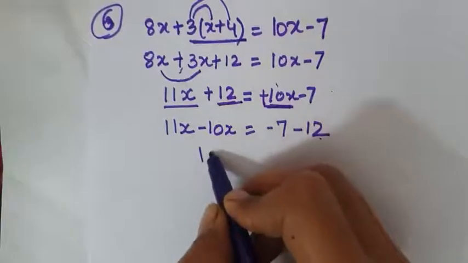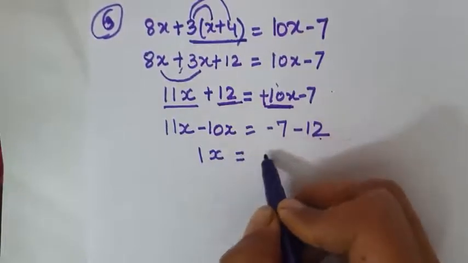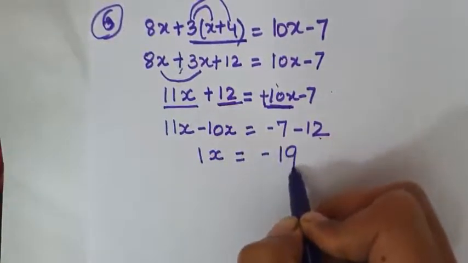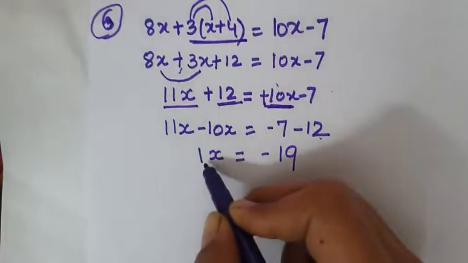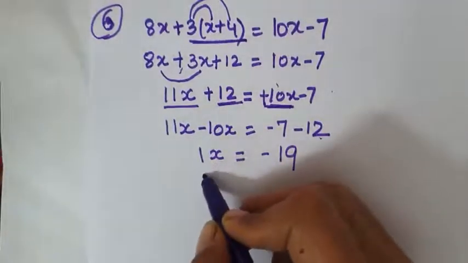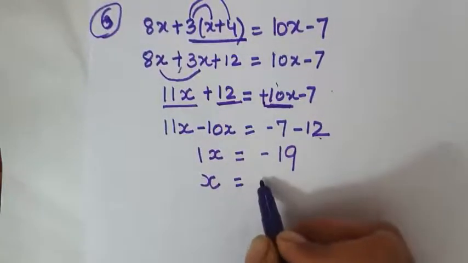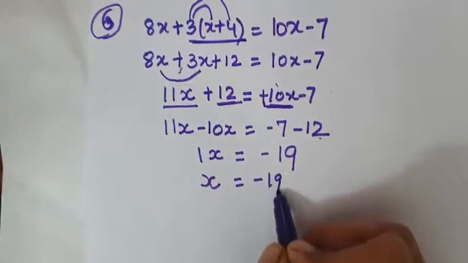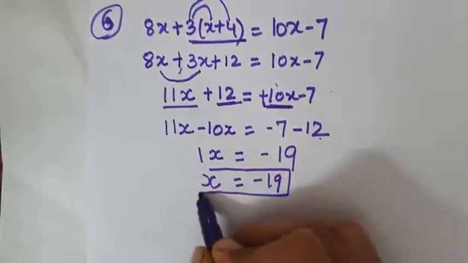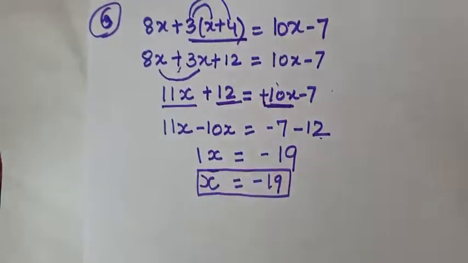So here we get 1x is equal to minus 19. 1x we can simply write only x. So what is our solution? Our solution is x is equal to minus 19.